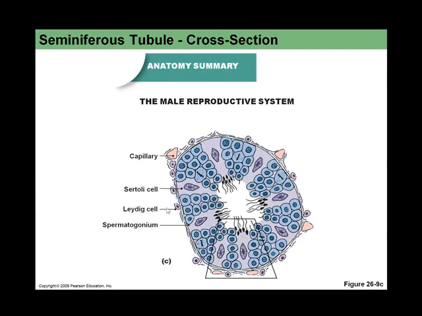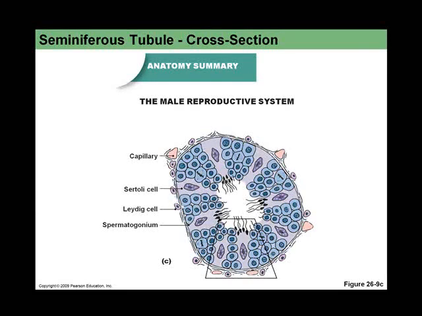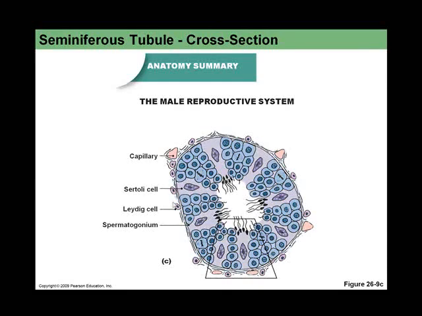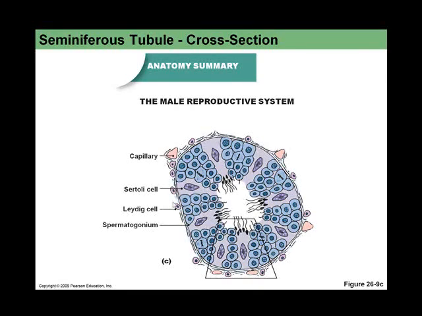So the interstitial cells of Leydig are outside of the seminiferous tubules and between or among them, if you want to think of them collectively. Remember, between is just with two, and among is when there's more than two structures that you're talking about.